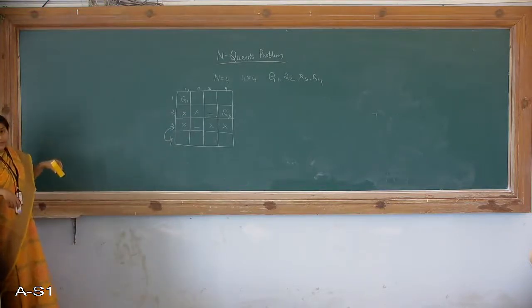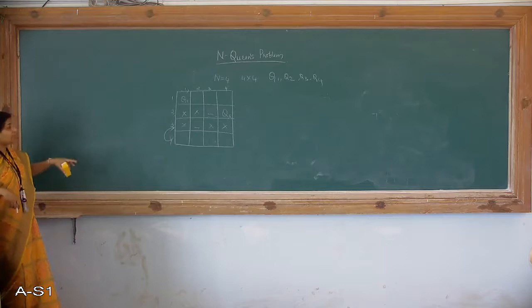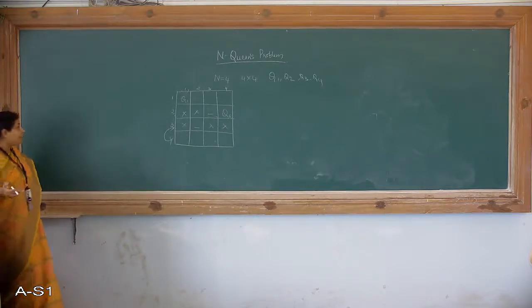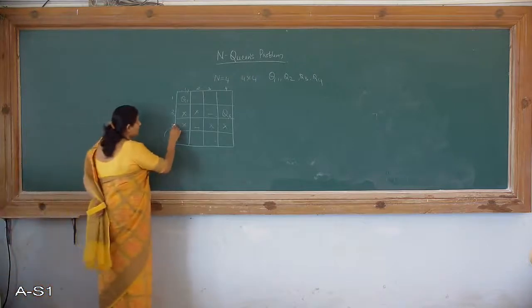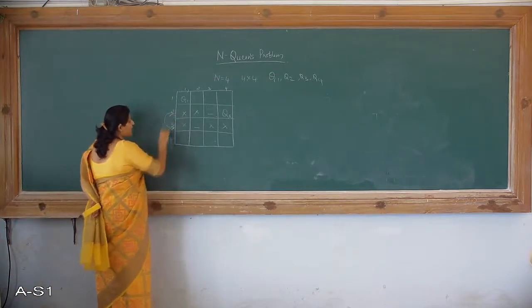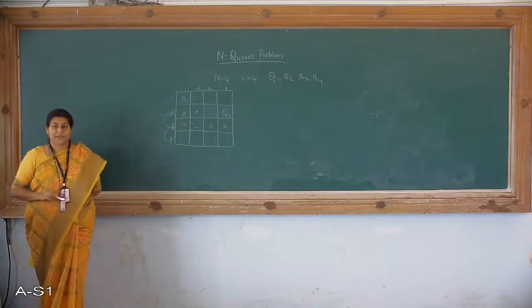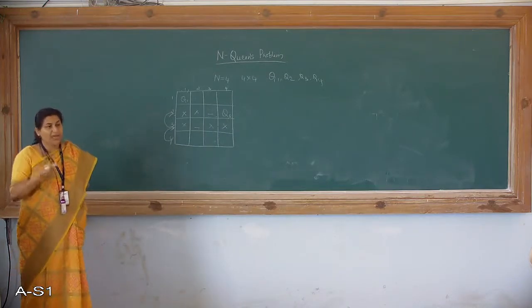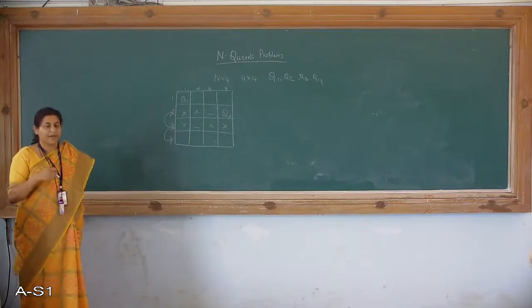Okay, if I place queen 3 in the next row anywhere, where will I place my queen 4? It means there should be a change, again a backtrack of one level, because it is not possible. So the position of the previous queen needs to be changed so that we can accommodate more queens here.